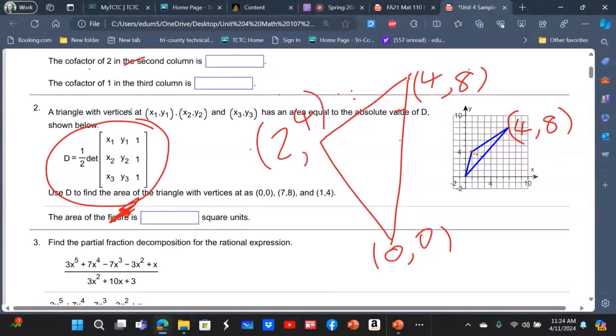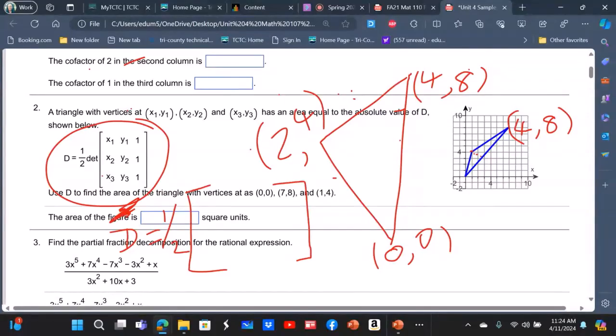All right. So they want you to make a 3 by 3 matrix out of these coordinates. So let's plug in. 1/2 the determinant of that matrix is the area of the triangle. So I'm going to put in all the coordinates. You can choose any point to be x1, y1.